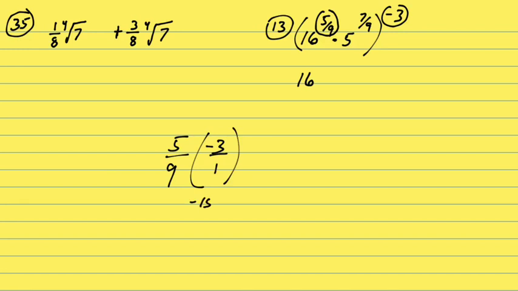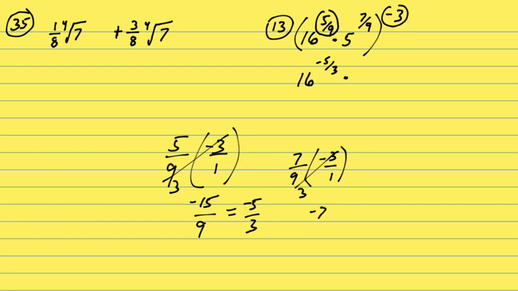Does that give you negative 15/9? Or maybe you can see it goes in there 3 times. Negative 5/3, I believe. And when you multiply here, 7/9 times negative 3, negative 3 over 1, that would go in there 3, and you get negative 7/3.